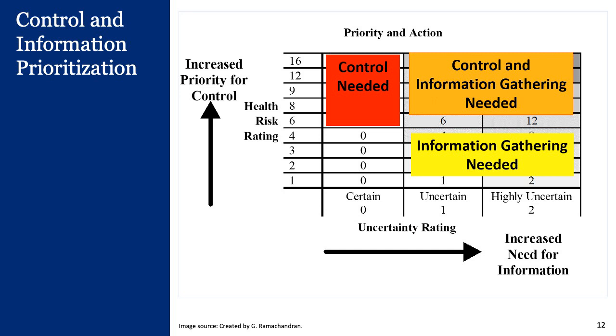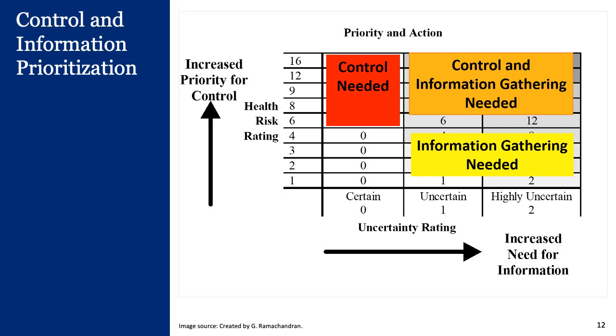If we have a lower health risk rating, somewhere between 1 through 4, but the uncertainty is either a 1 or a 2, this is where we need to gather more information, because uncertainty is high, but the risk is not necessarily that high. Then if we go to the top right-hand corner, where we have high uncertainty, uncertainty can be 1 or 2, and high health risk rating, anywhere from 8 through 16, this is where we need to have immediate controls, but also we need to gather more information.